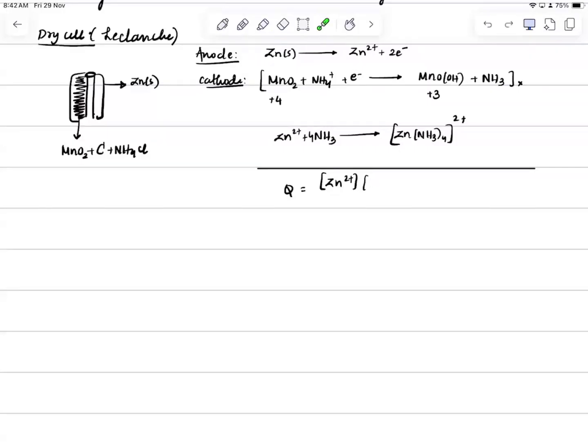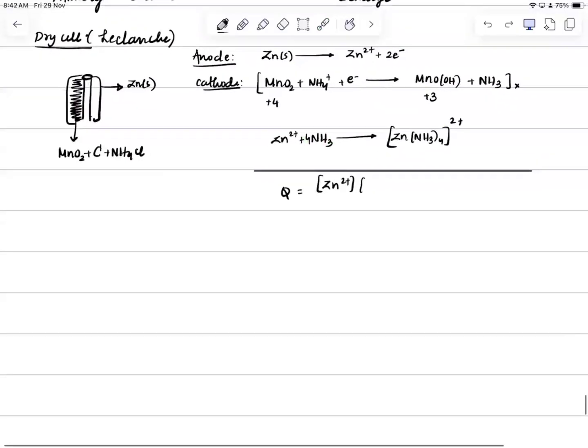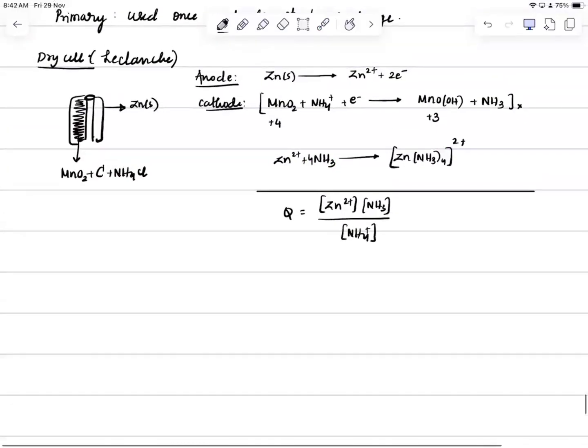And you notice that zinc plus ammonia combine to form this complex. If you take this concentration, it will be NH3 concentration divided by NH4+ concentration. This is solid, this is solid, so the only thing left is ammonia and NH4+.